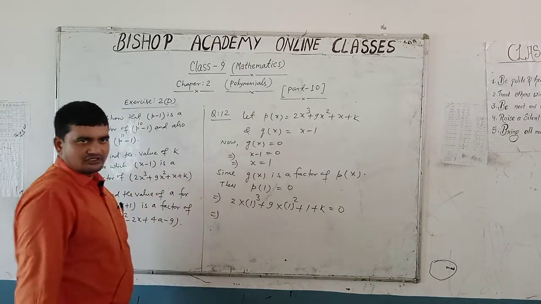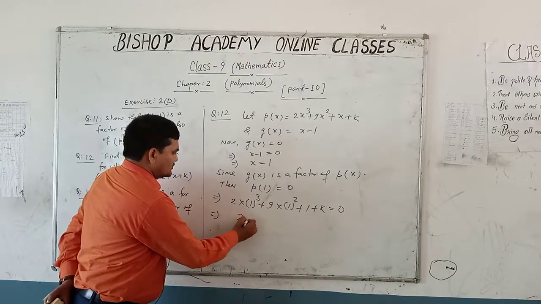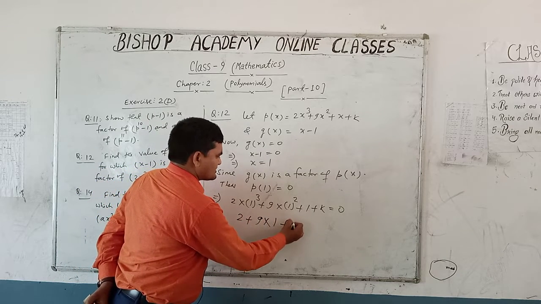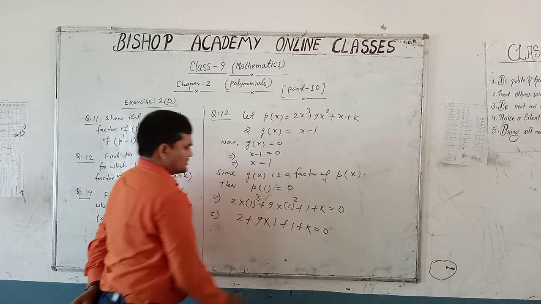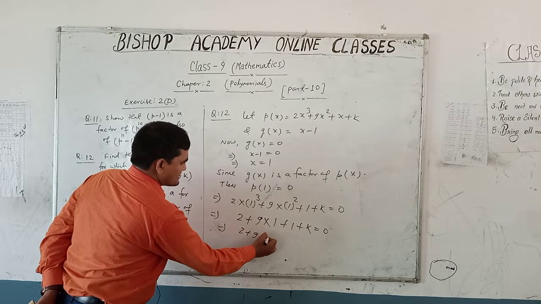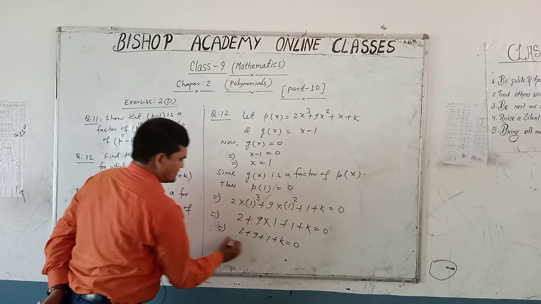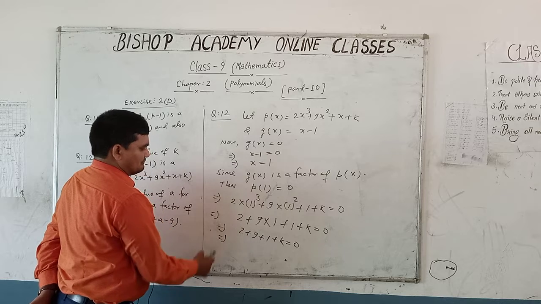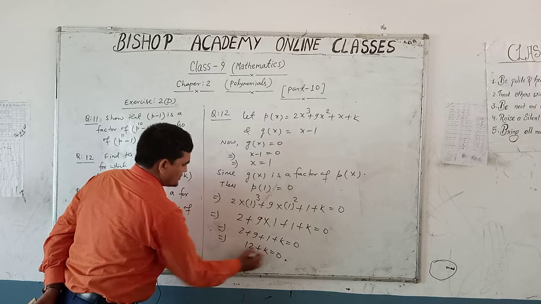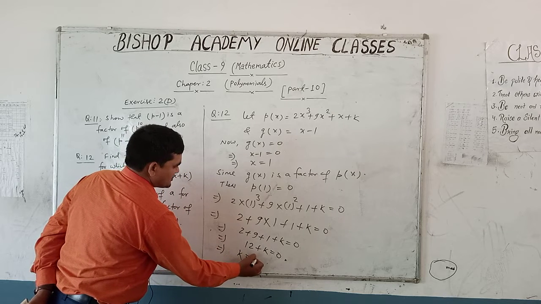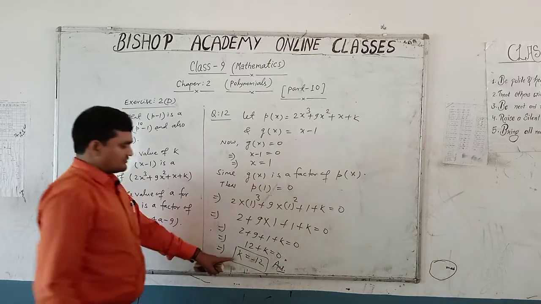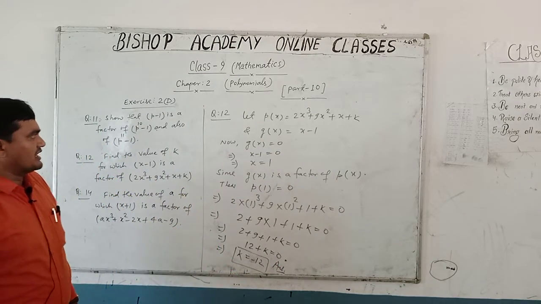This implies that 2 into 1 cube means 2, plus 9 into 1, plus 1 plus k equal to 0. This implies that 2 plus 9 plus 1 plus k equal to 0. This implies that 2 plus 9 is 11, and 1 add, it will be 12, plus k equal to 0. This implies that k is equal to minus 12. Here we get k is equal to minus 12.